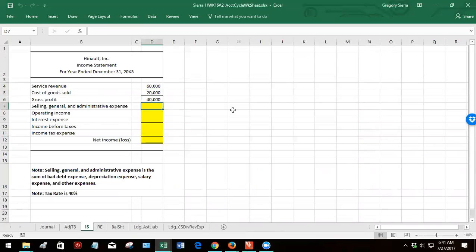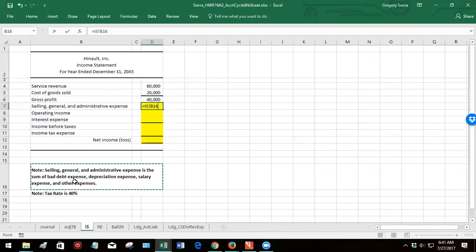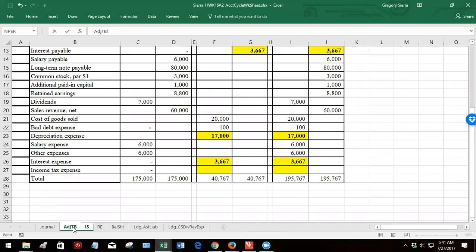You could type it in, but life's a lot easier with Excel. Go to selling, general, and administrative expense. There is no selling, general, administrative expense yet. Oh, it's the sum of bad debt, depreciation, and salary and other. Let me start over.